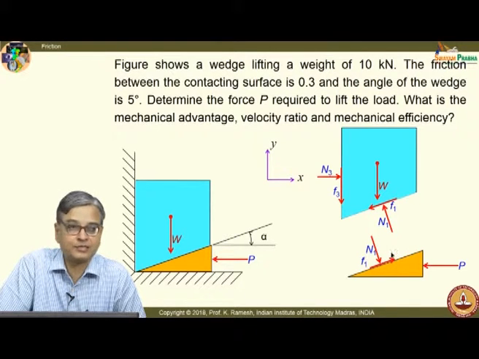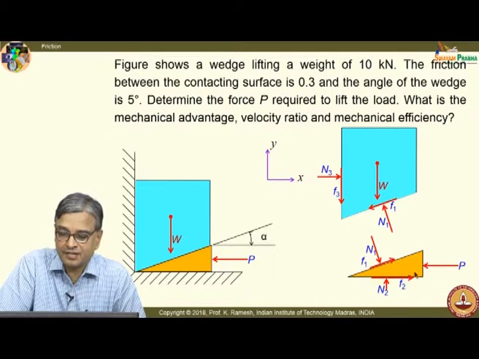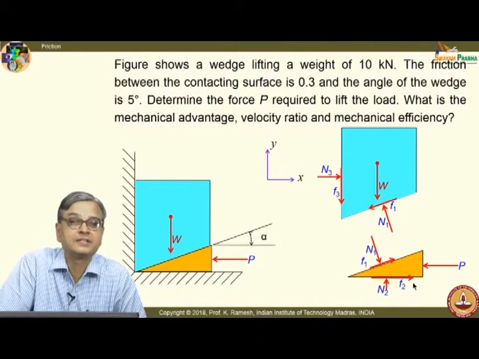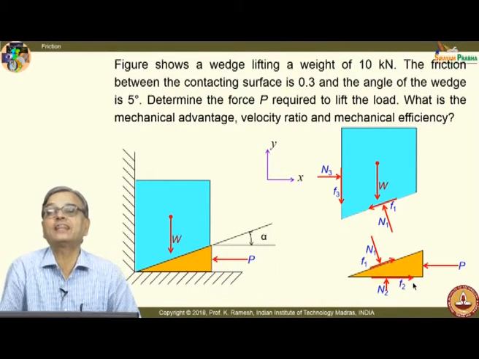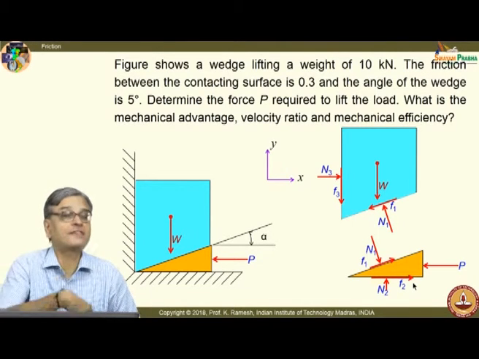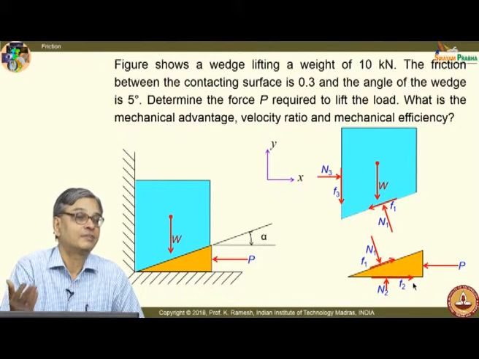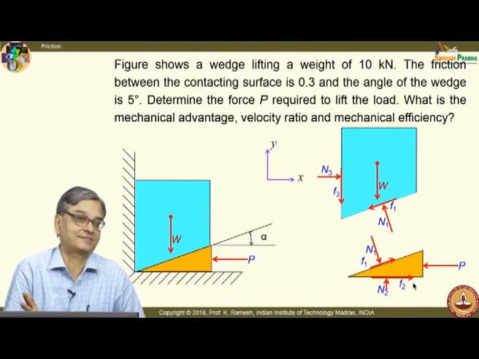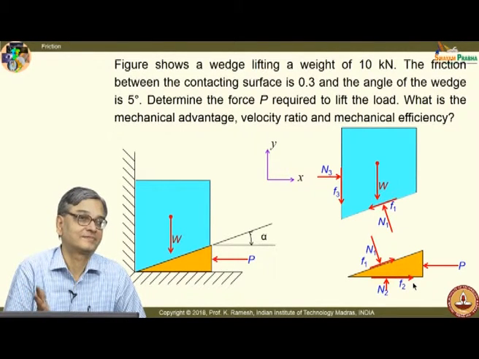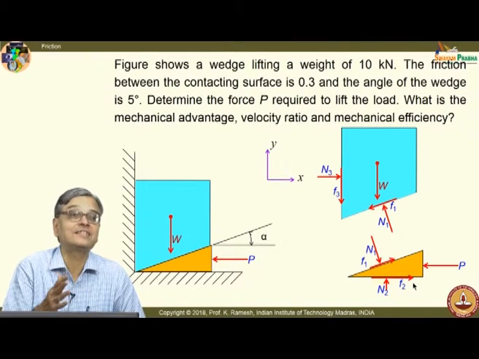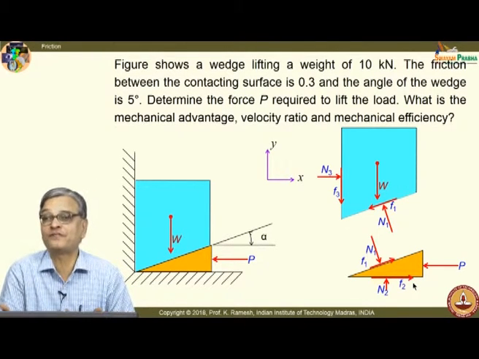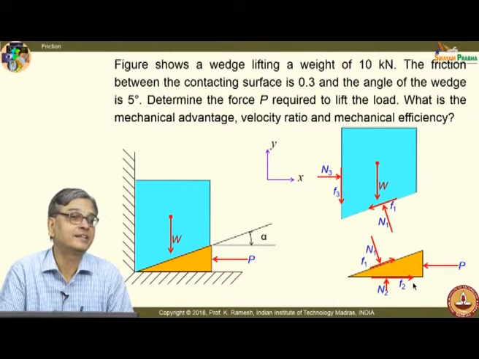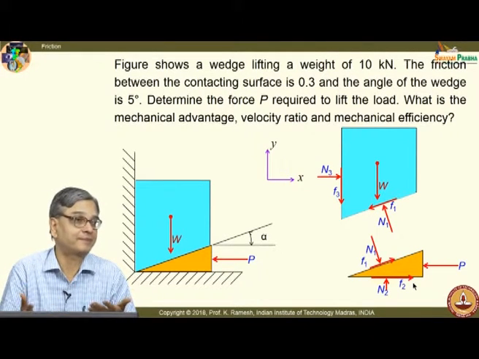This force is opposing this, that we have already seen, and this force also will oppose. And what you can look at here is, in all the surfaces 1, 2 and 3, the motion is impending. Okay, no place you have to determine the frictional force by solving the free body diagram.